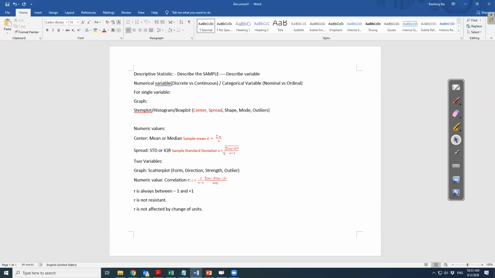And then lastly, very important, how do I read a correlation? Right? Correlation is going to be a number. So we read two features from correlation. First, the sign of correlation will tell us the direction of the relationship. Okay.